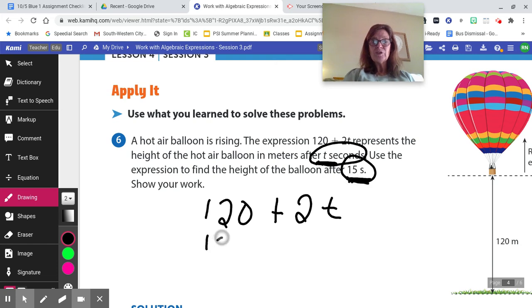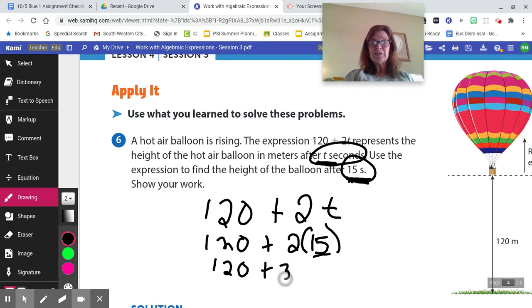So I'm going to rewrite it, 120 plus 2 times 15. I've substituted my 15 for my t. Now I can go ahead and solve it. 120 plus 30 is 150. Your solution should have been 150 meters. If you didn't get that, go ahead and check it.